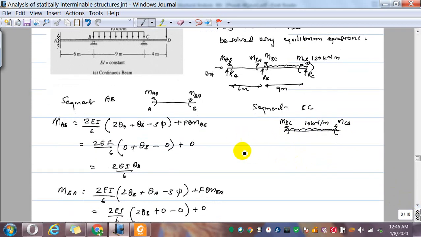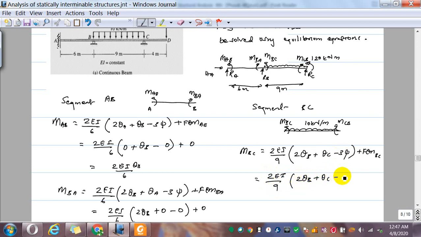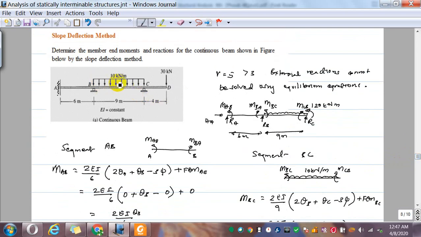So if you consider MBC, 2EI and L is 9, 2 theta B plus theta C minus 3 psi plus FEM BC. Here theta B is not 0, theta C is not 0, but psi is 0. So 2EI over 9, 2 theta B plus theta C minus 0. Now there will be a fixed end moment because there is a load acting on this.